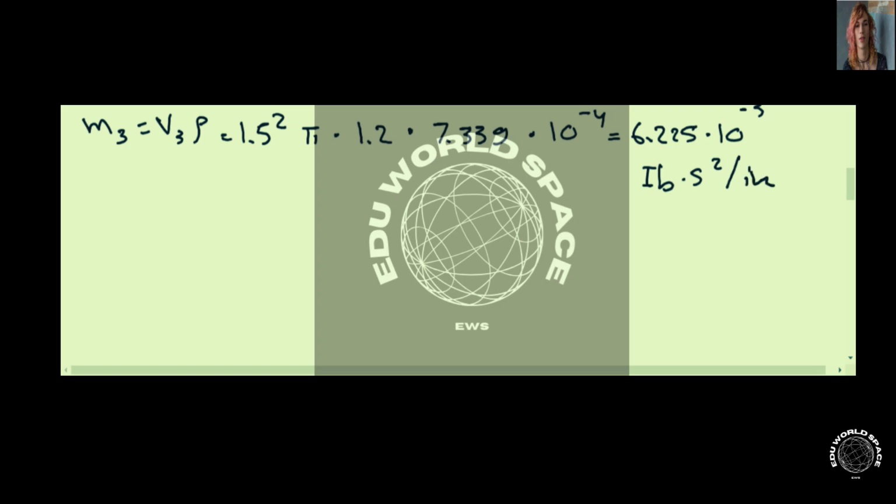Using figure 9.28, the mass moment of inertia about centroidal x-axis is Ix bar equals 6.225 multiply 10 power negative 3.